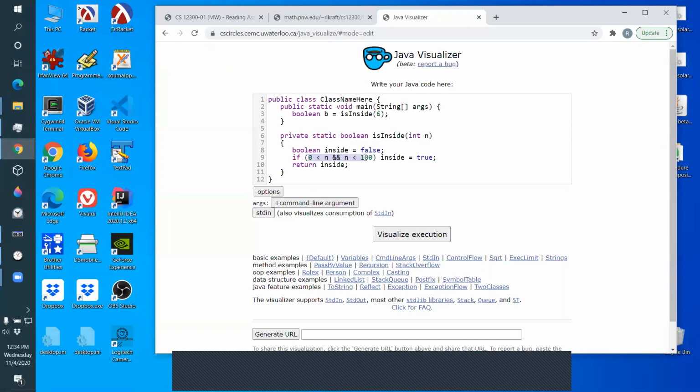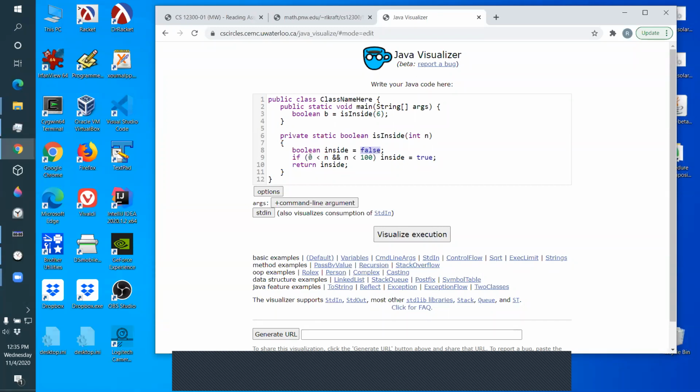If this thing is true, inside is true, so we return true. If this thing is false, then we keep inside as false, so we return false. Now say that really slowly. If this is true, we're returning true. If this is false, we're returning false.